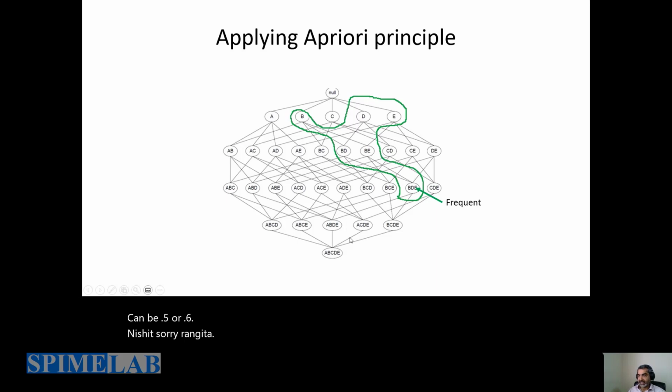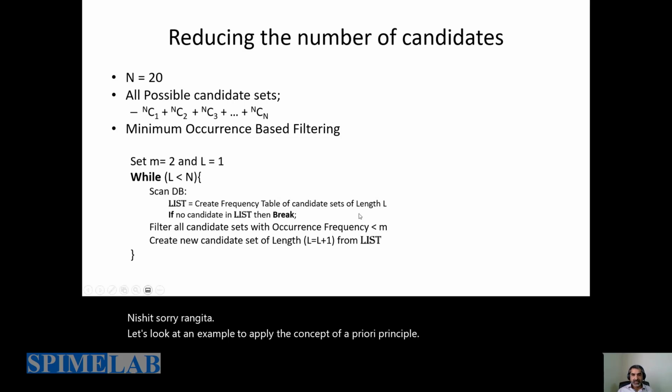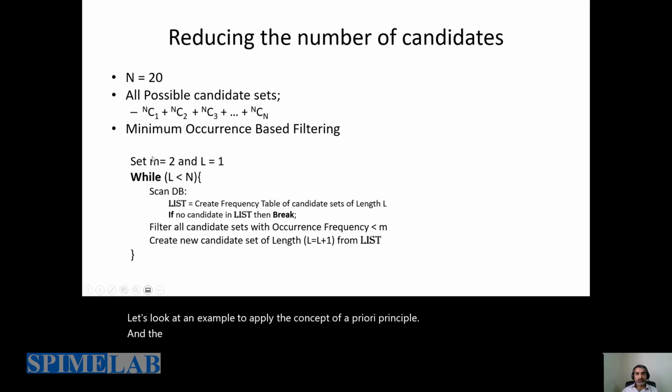Okay. Let's look at an example to apply the concept of a priori principle, and the algorithm will now look like this. First, we are trying to reduce the number of candidates. How many transactions do we have?